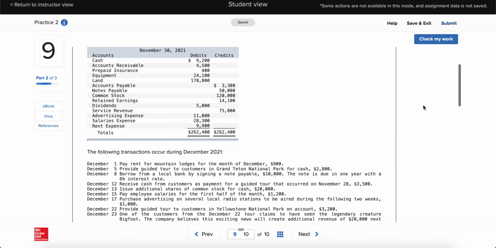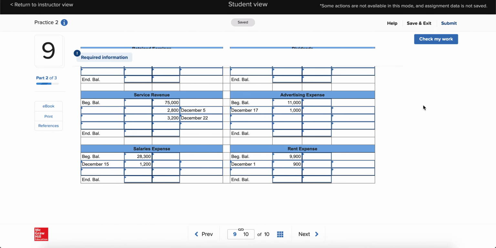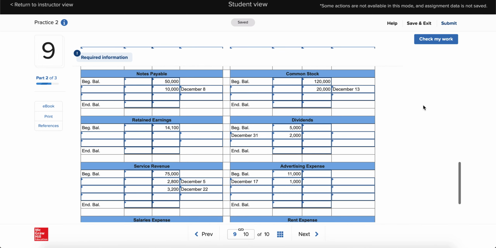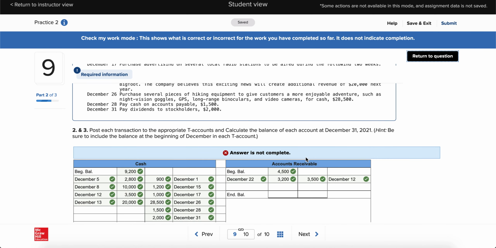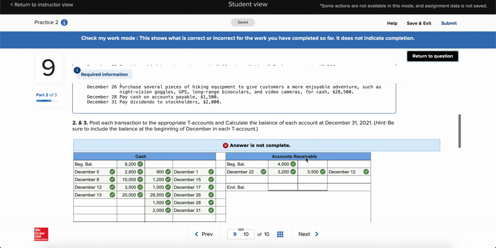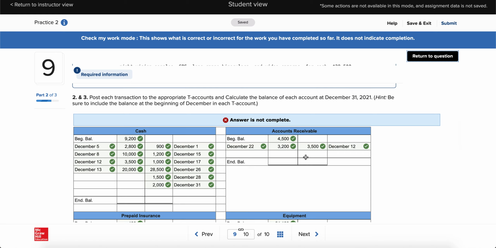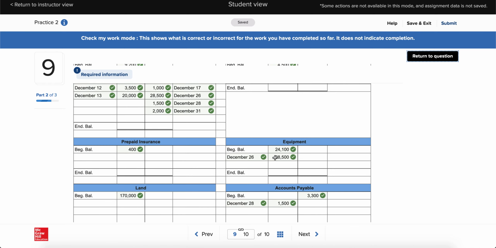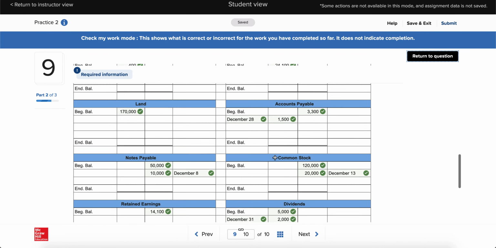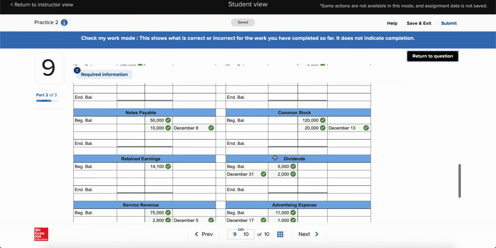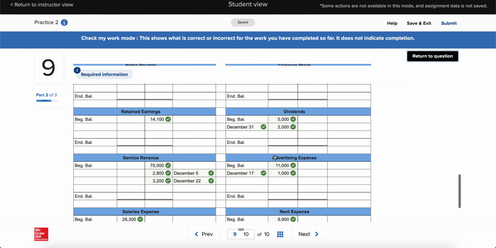Now, I definitely want to make sure I check my work on this one. Answer is not complete. Okay, let's see what we did. The first thing I want to look for is whether or not there are any numbers for which I don't have a date. That's one of the easiest fixes. And beginning balance, you don't need a date there.